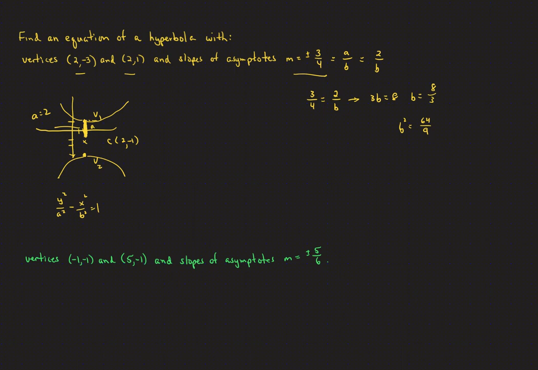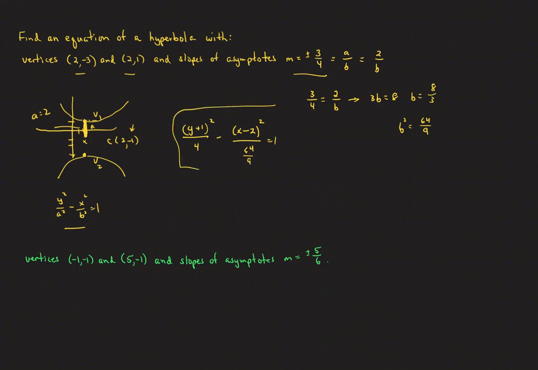Yuck. Okay, so we said our equation is going to be a y squared over a squared. It's going to be y minus the y coordinate, we'll make it y plus 1 squared over a squared, which we said was 4, minus x minus the x coordinate of the center, x minus 2 squared over b squared, which is 64/9, is equal to 1.